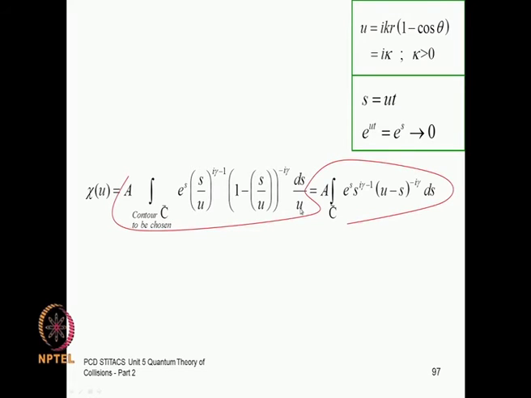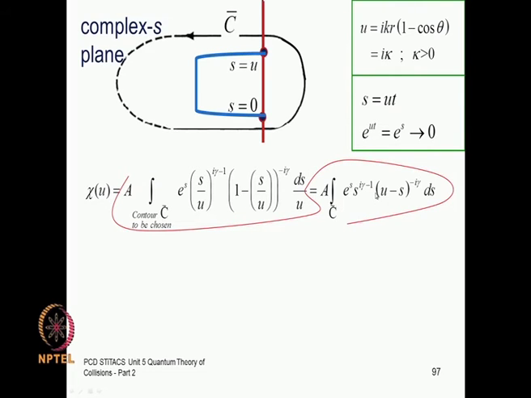When you take care of these terms, you get a rather simple form which is completely equivalent. There is nothing new in the expression here compared to this, it is exactly the same thing. Now you have to choose a contour appropriately.